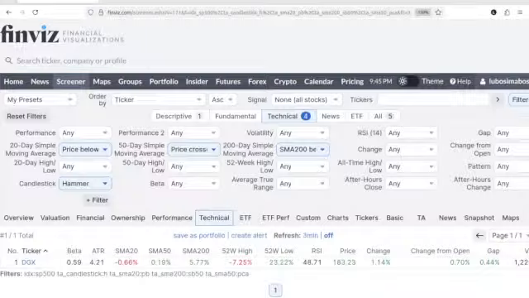This strategy, to be honest with you, I'm going to show you what I use and the way the strategy is.